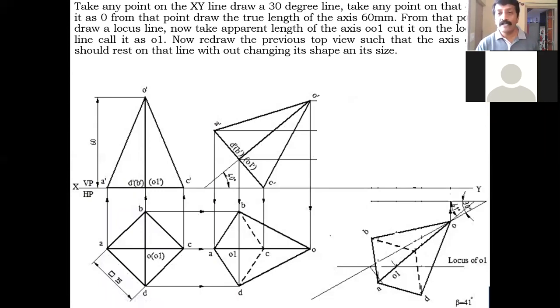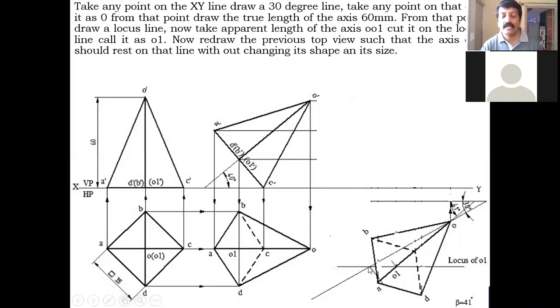From this point O, you take the true length of the axis, 60 millimeter. You take the true length of the axis and cut this 30-degree line. You may get it somewhere else here.